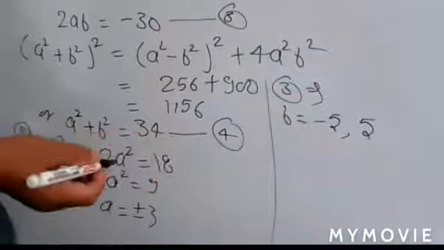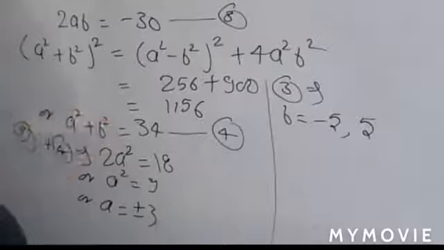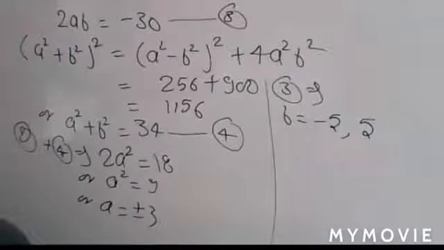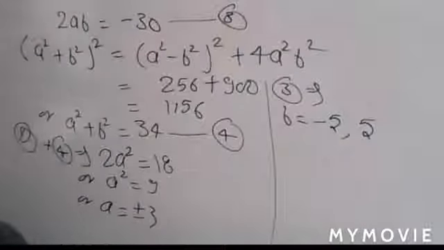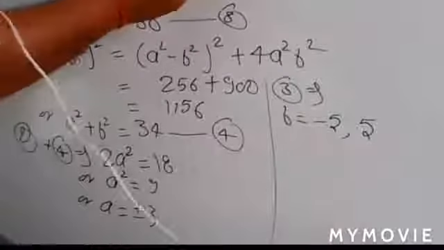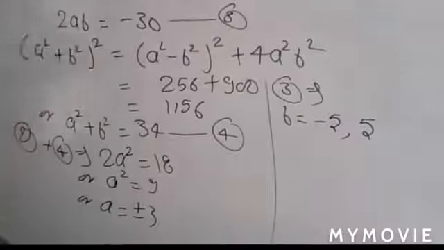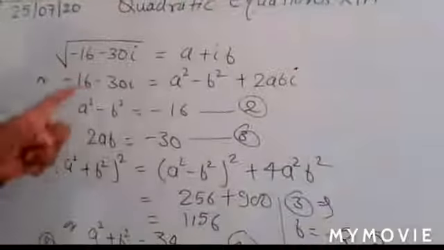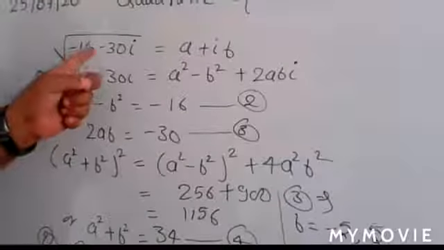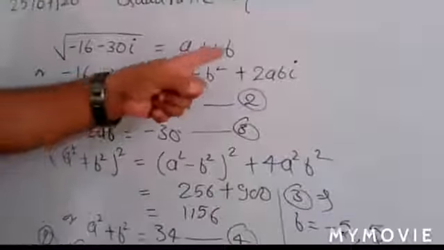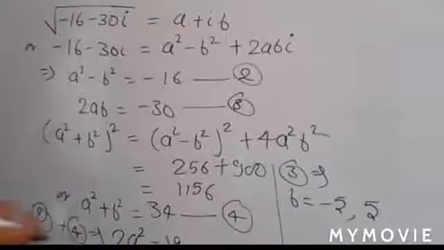So in this way, you have the value of a and b. Now putting all those values here, where you assumed under root minus 16 minus 30i is equal to a plus ib, you have your result.